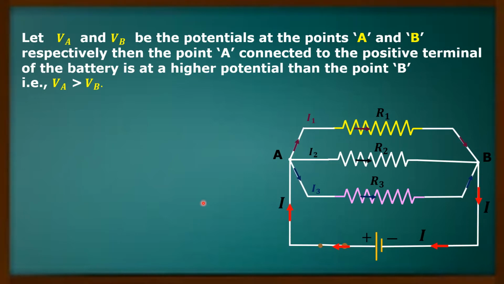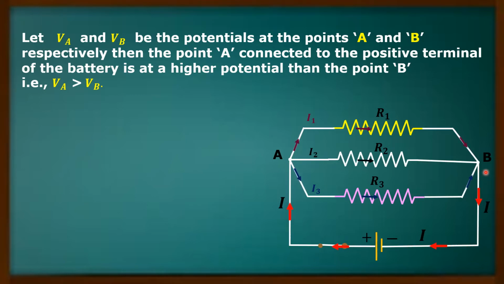So what is the potential difference between A and B? It is VA minus VB. The important point to be noted here is that the potential difference between A and B is VA minus VB.